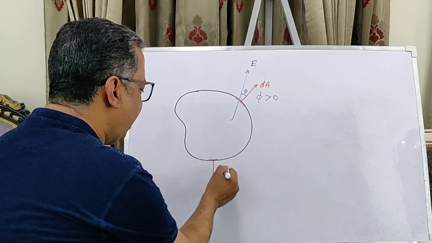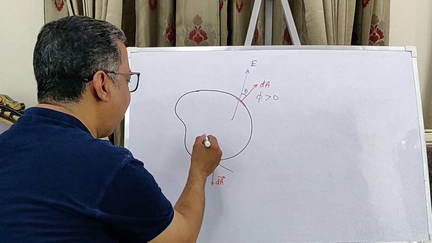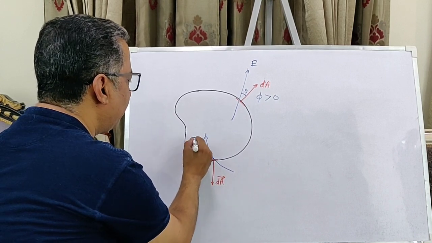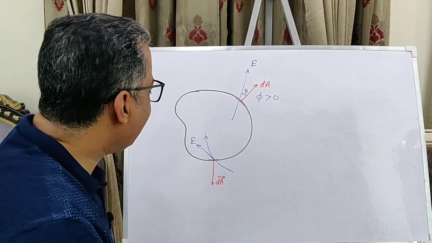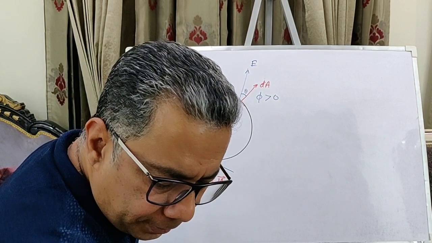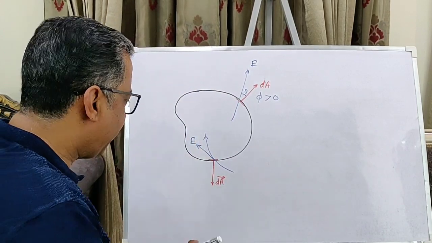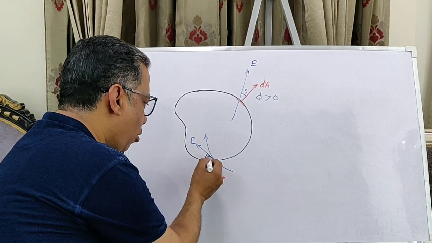That is, this is an electric field line, and the electric field vector is now inward. Now the angle between the area vector and the electric field vector would be obtuse.